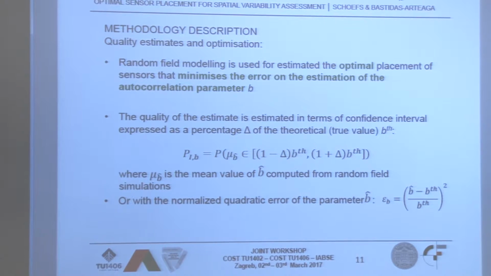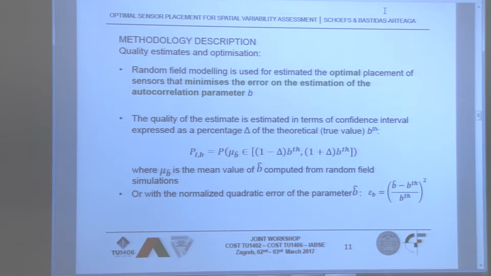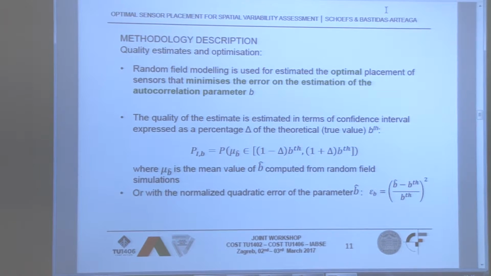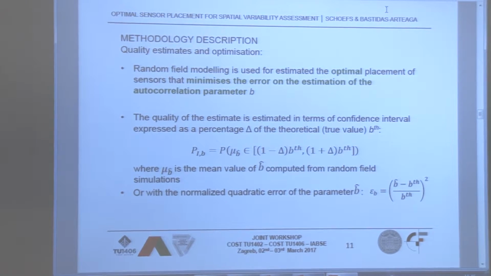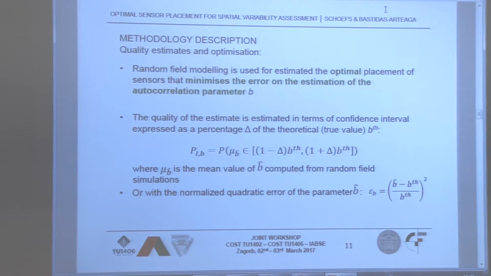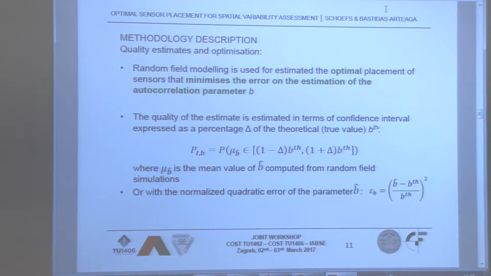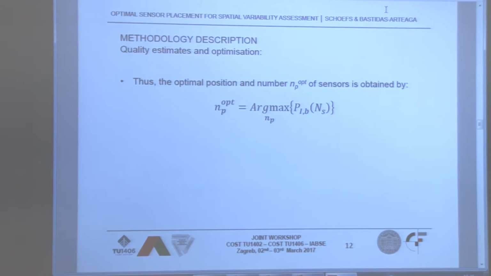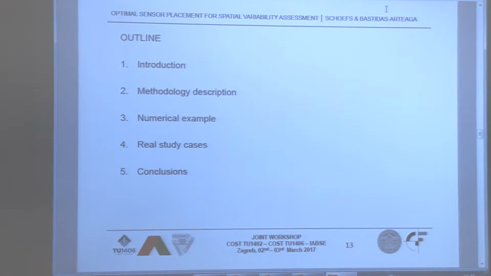Another estimate could be the error on the parameters, so the quadratic errors that we make from experimental values, knowing the theoretical value that has been put in the model. If we want to optimize the number and the placement of sensors, we have to maximize this probability inside the confidence interval.